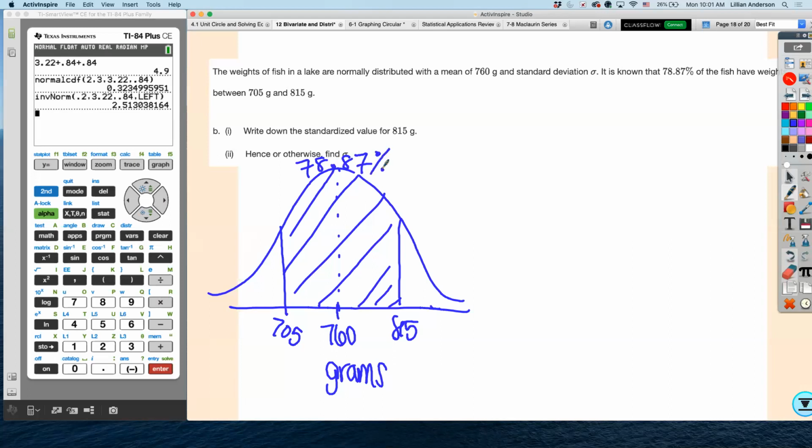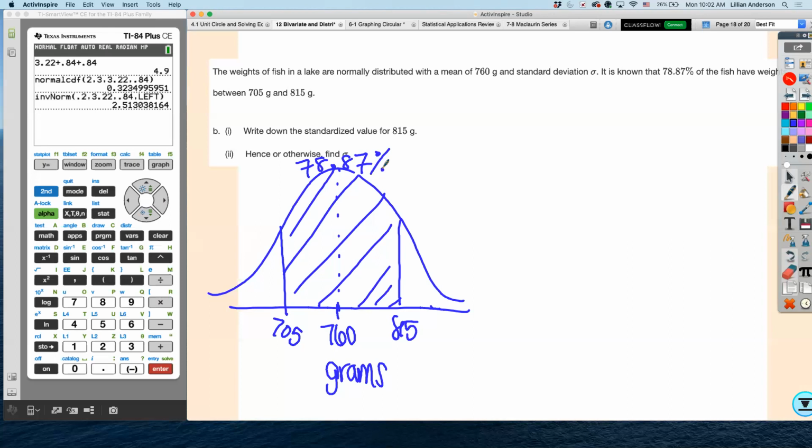Now, real quick, 705 is how far away from 760? How far is 815 away from 760? 55.